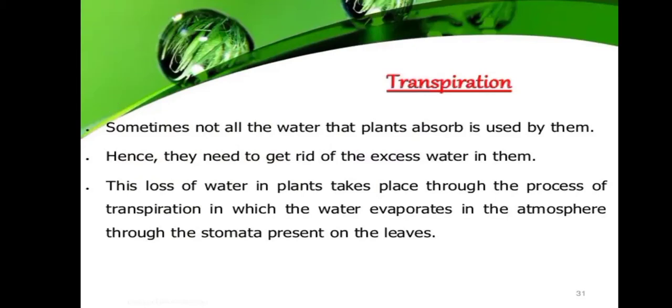Sometimes not all the water that plants absorb is used by them. Hence, they need to get rid of the excess water in them. This loss of water in plants takes place through the process of transpiration, in which the water evaporates into the atmosphere through the stomata present on leaves.